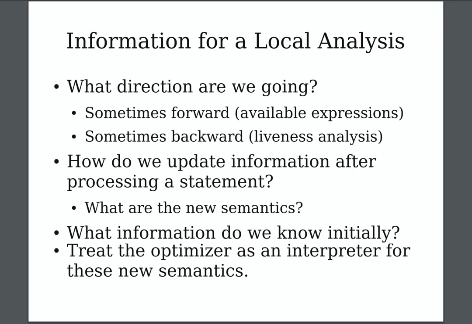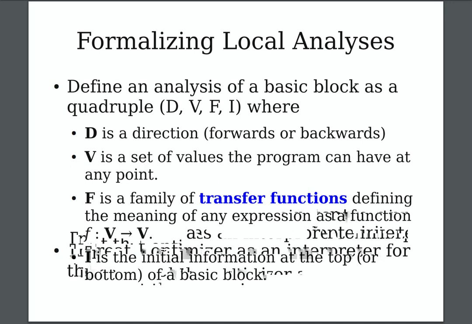We can set which direction we need to go in order to do the analysis. Sometimes we have to go forward through our statements, as in available expressions, and sometimes we have to go backwards, as in liveness analysis. We need to know how we update these values after processing each statement, that is, what are the new semantics that we're implementing? And what are the initial values?